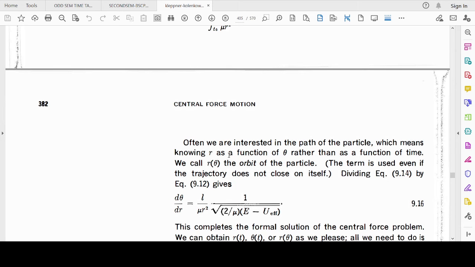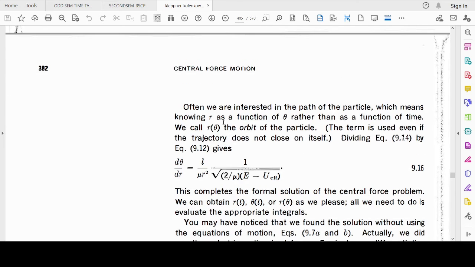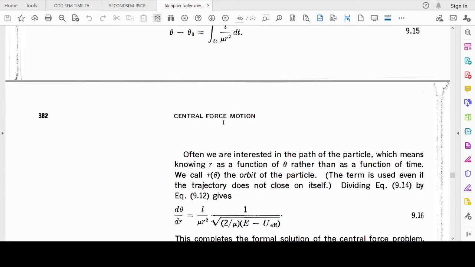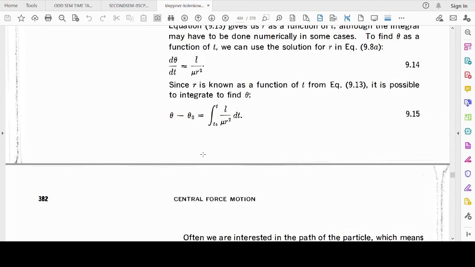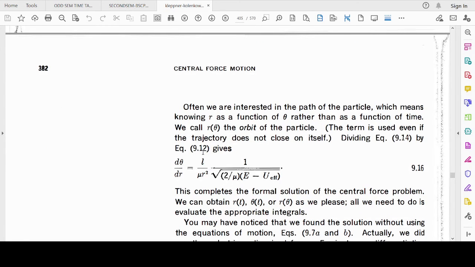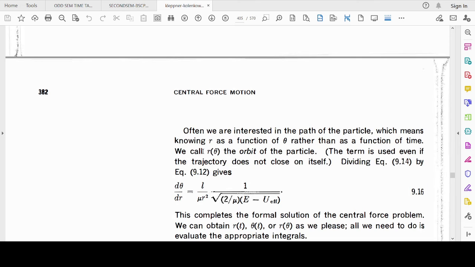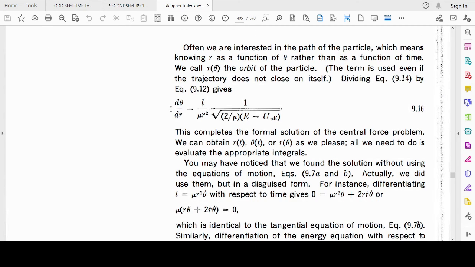In that case I divide the second equation, d theta by dt, by the first equation, dr by dt. d theta by dt is L by mu r squared, and dr by dt is the root of 2 by mu times E minus U. So that becomes L by mu r squared times 1 by root of 2 by mu E minus U. This is the formal solution of the central force motion.